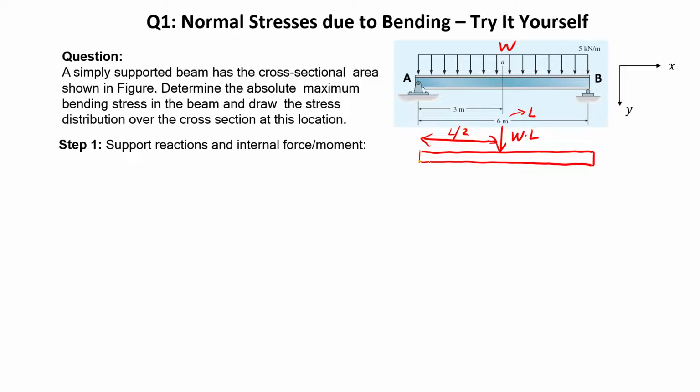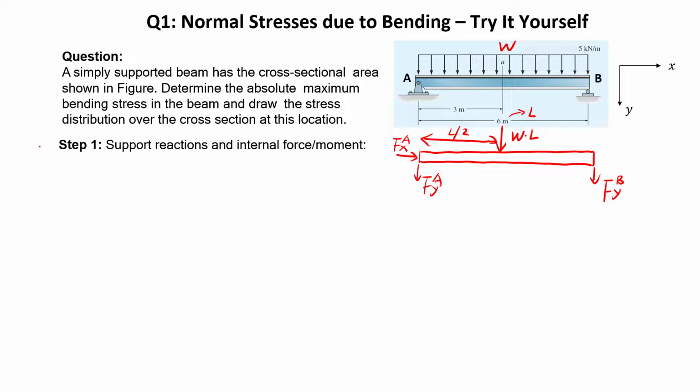And we define the assumed support reactions, let's say Fxa, and this is the one Fya. And for point B, because there's only one restricted degree of freedom, this only has one reaction force, which is Fyb.